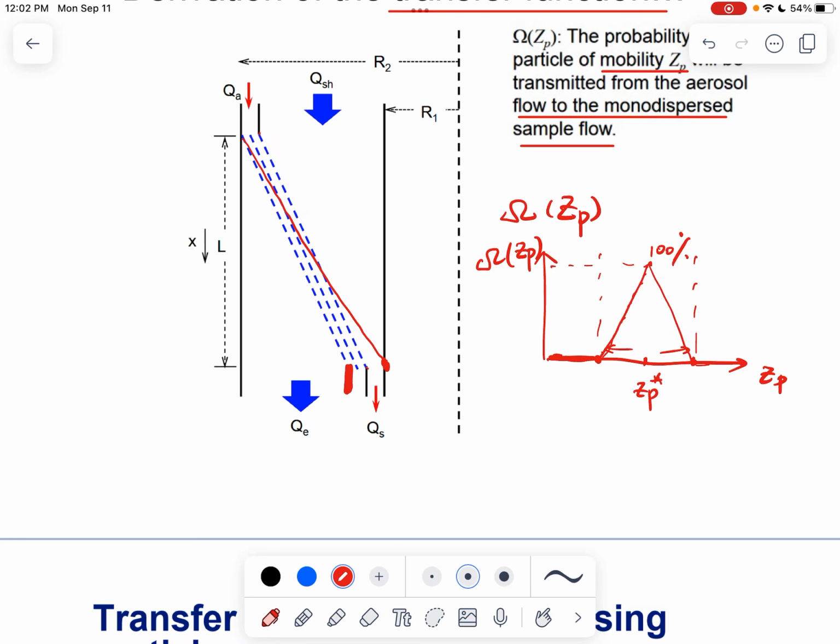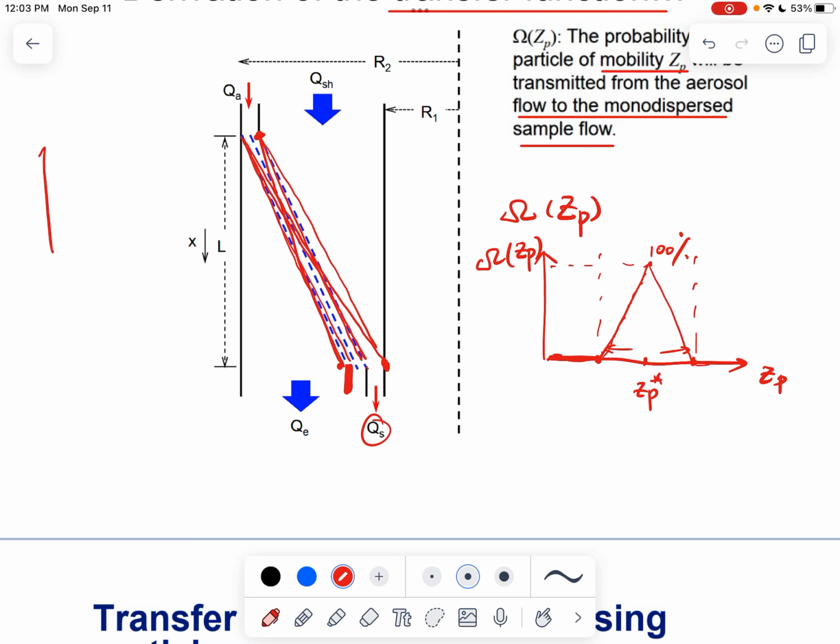Now if you think about this scenario, the extreme is that you have particles that enter from here. This is the smallest particle, but then the particles can have the maximum collection efficiency at different mobility sizes in between, because now you made the aerosol outlet wider, right?